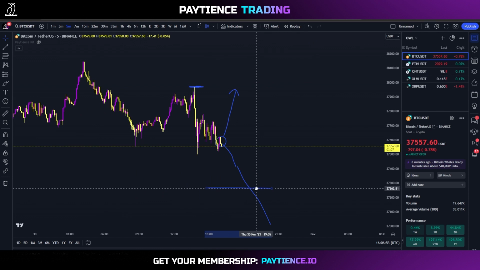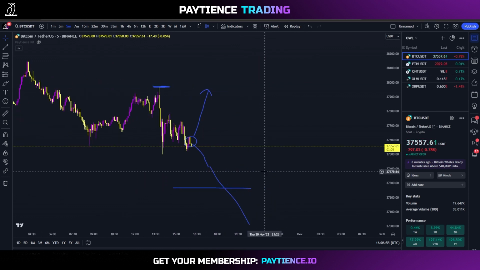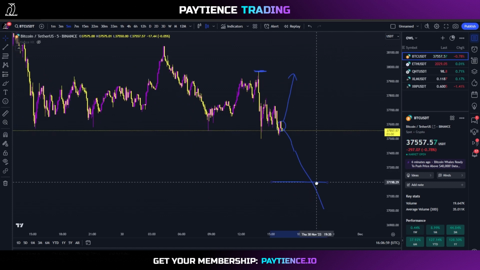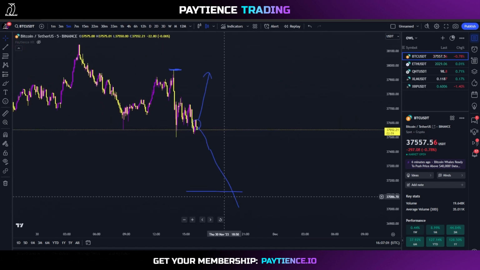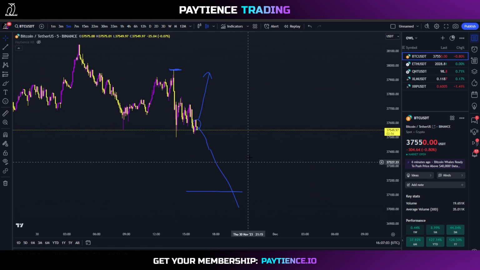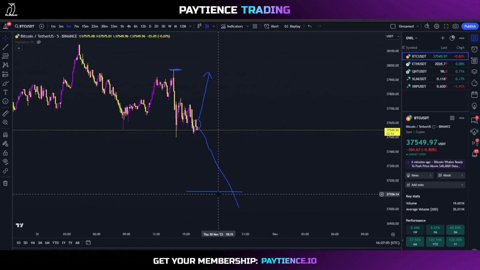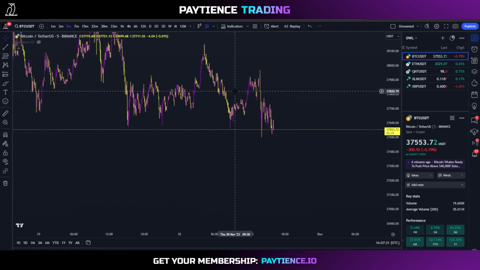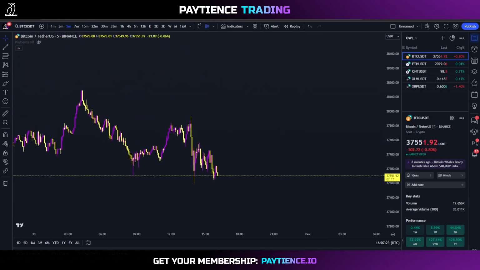You would want it depending on what you feel is invalidating your idea. So if you're okay with the price going all the way down here and you still think your trade is going to go up because you're in a long trade, then you can put your stop loss down there. But essentially the stop loss is there to help you not get liquidated and get wrecked, okay?